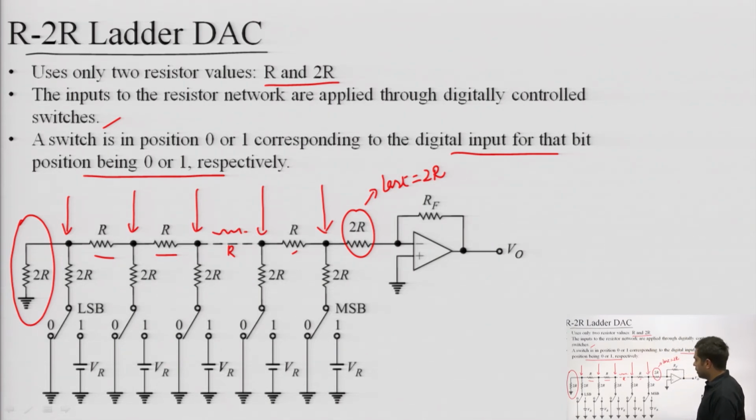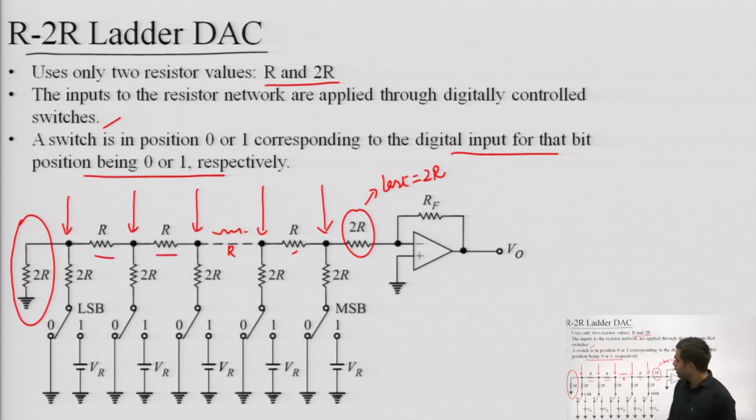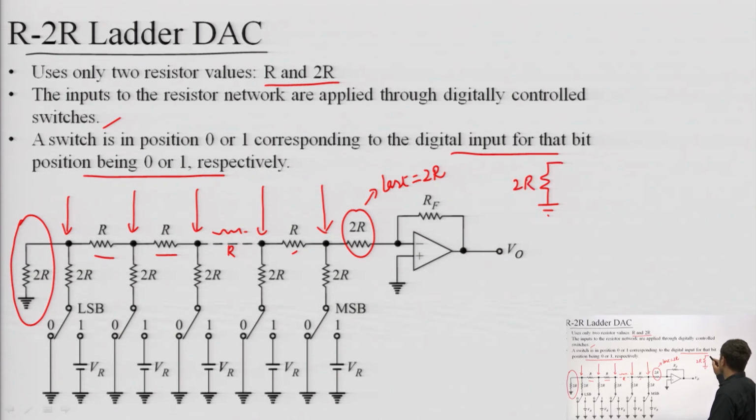So if you want to prepare a 3-bit version for that, we can actually reduce the arrangement. It will be something like this. Okay. So this is the 2R branch, first 2R branch, and this is the first branch which will be accepting the input low or high.